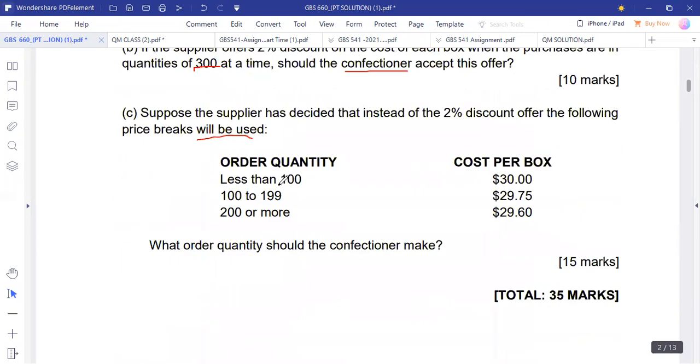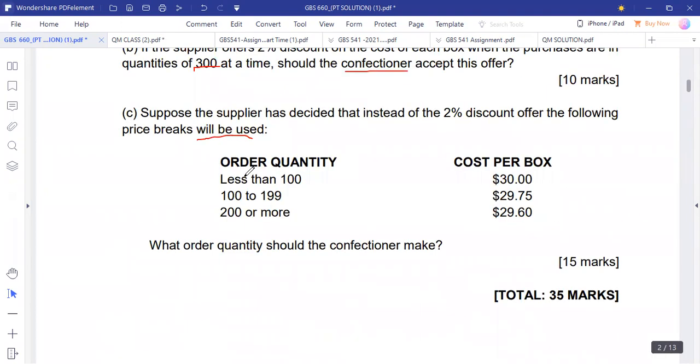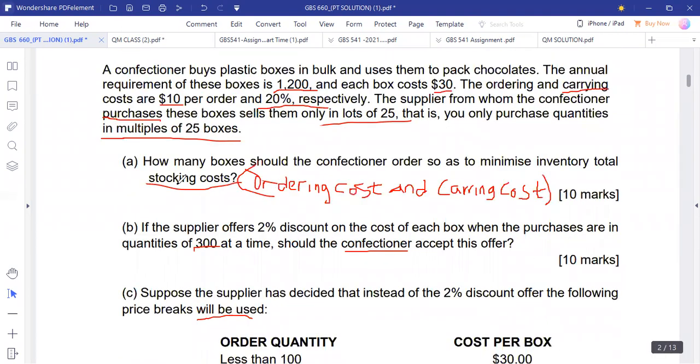So this 63.25 falls between 50 boxes and 75 boxes. So we have to find now the total, because here we are looking at how many boxes to order in order to minimize the total stocking cost, where we're looking at the ordering cost and also the carrying cost.